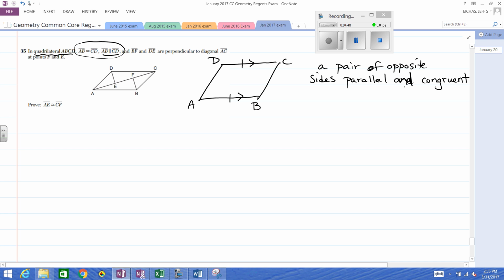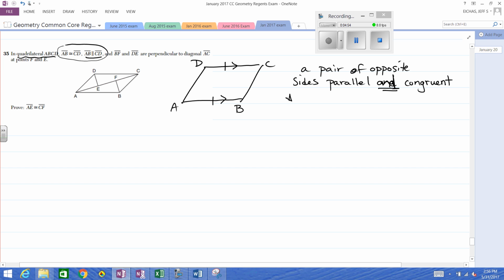That right there is going to be enough to prove it's a parallelogram. So from that, we have ABCD is a parallelogram. Well, why do I work with that at all?